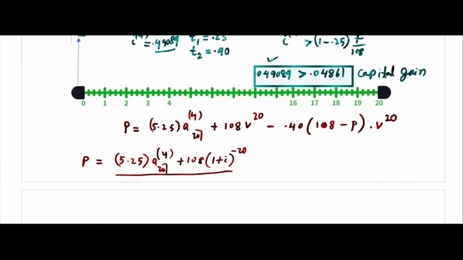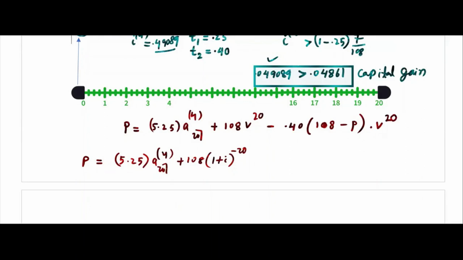So A24, if I write here, this will be 5.25. Okay, you find it, right? Let me not write because I'm not sure. I know the final answer.